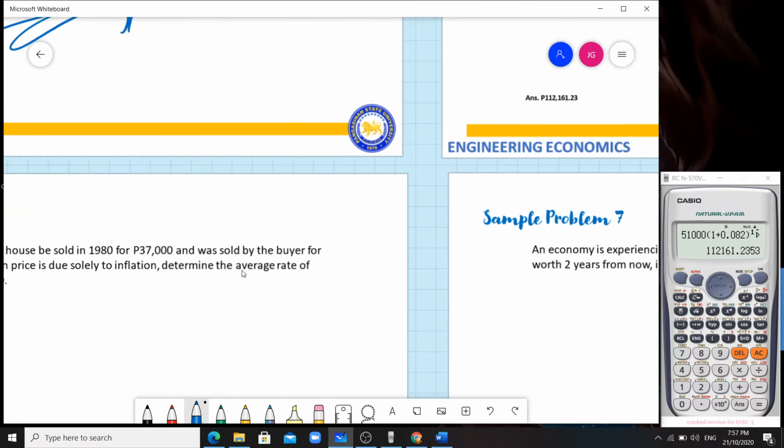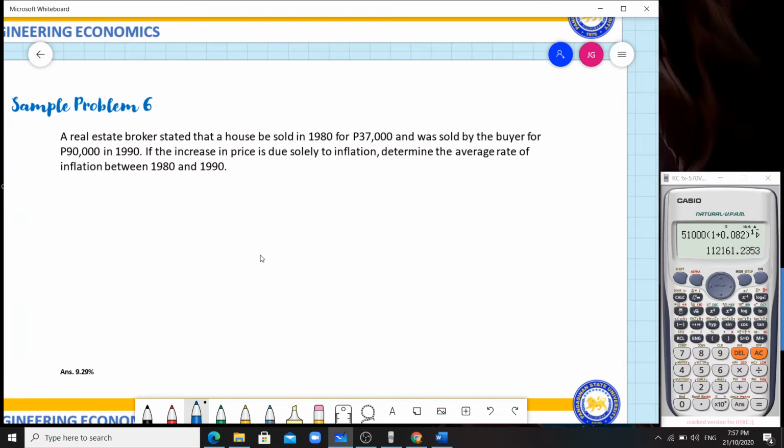So, next, a real estate broker stated that a house sold in 1980 for 37,000 and was sold by the buyer for 90,000 in 1990. If the increase in price is due solely to inflation, determine the average rate of inflation between 1980 and 1990.